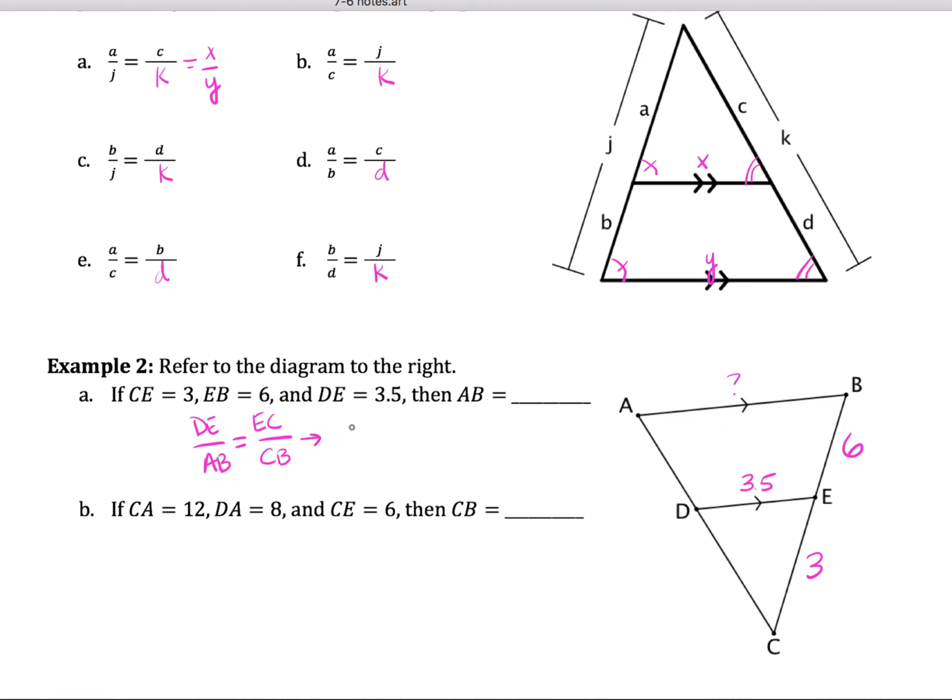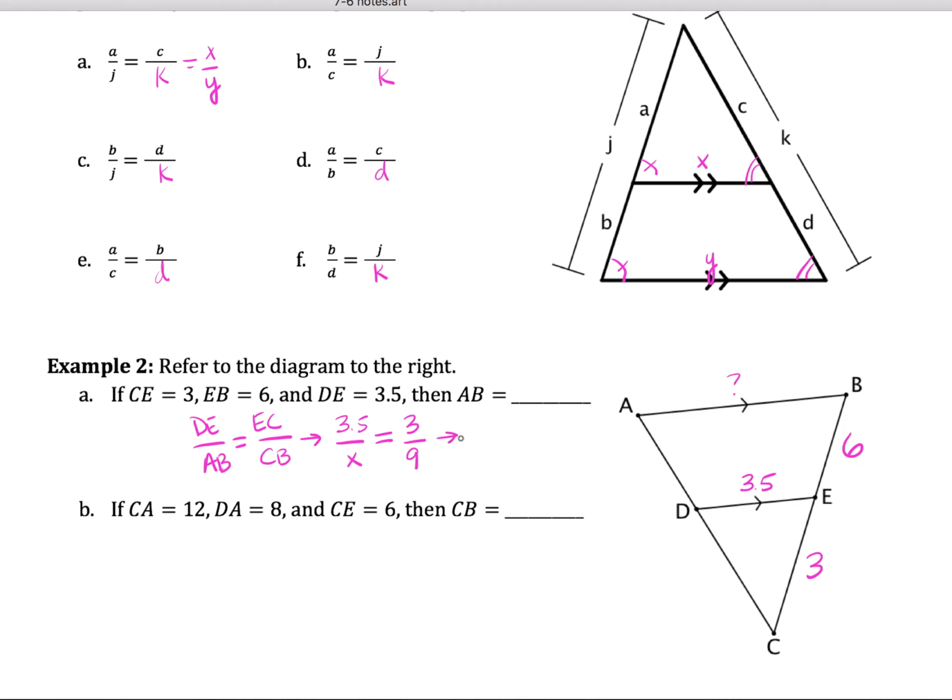And so now if we fill in some lengths, we have DE at 3.5. We have AB as an unknown, so we'll put an X down there, and we'll solve for that X here in a second. EC has a length of 3, and CB is not the 6, it's a length of 3 plus 6, which would be 9.